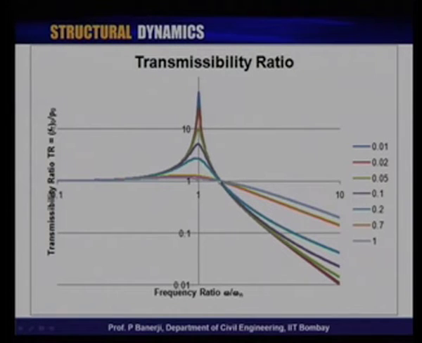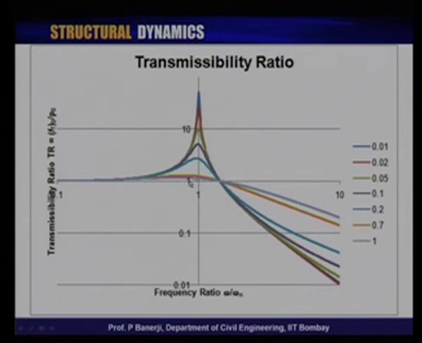If for operating reasons I have to be in this zone, note that the minimum value that I can transfer is the static value of the load itself. In other words, the minimum value of transmissibility that I can keep is 1. I cannot take less than 1. And what do I do in that situation? I have to over damp.